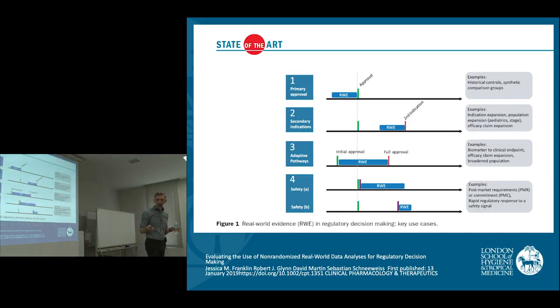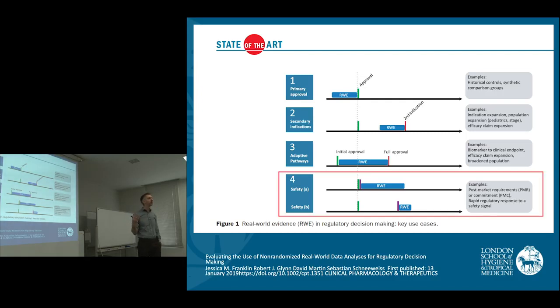And moving on, there was a paper published back in January by Jesse Franklin from Harvard. And I think this is a really nice summary of where we are at the moment in terms of real-world evidence and where it can be used and where we are still trying to develop the methodologies.